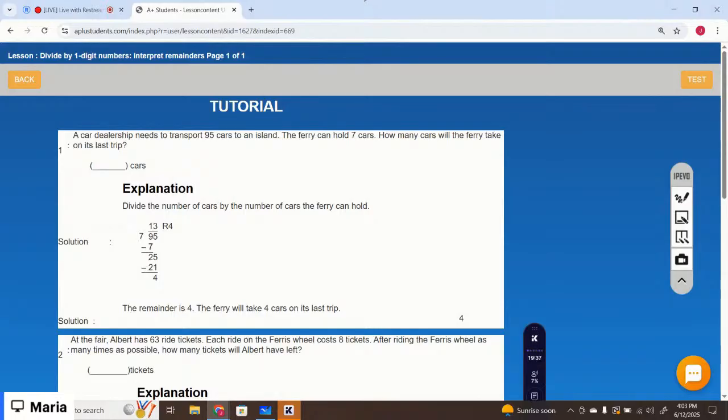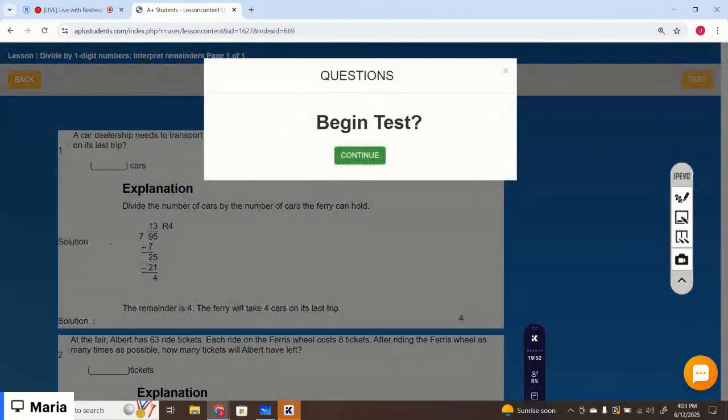Now bring the 5 down. 7 times 3 is 21. We have 4 remainder. Let's start with the test questions.